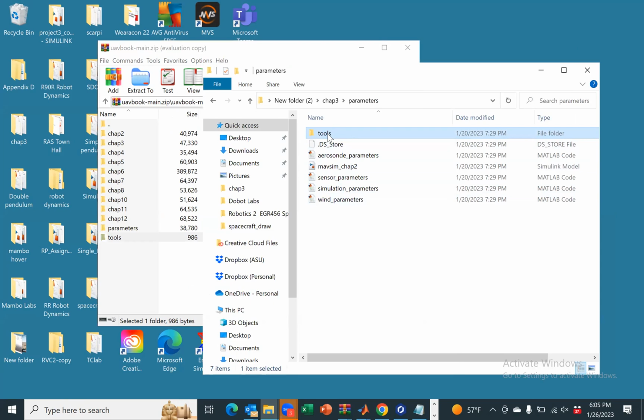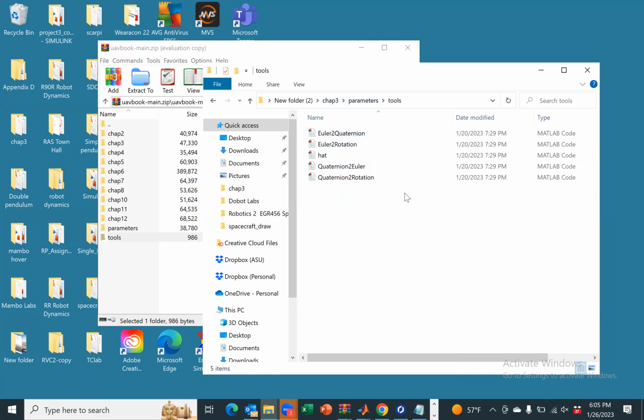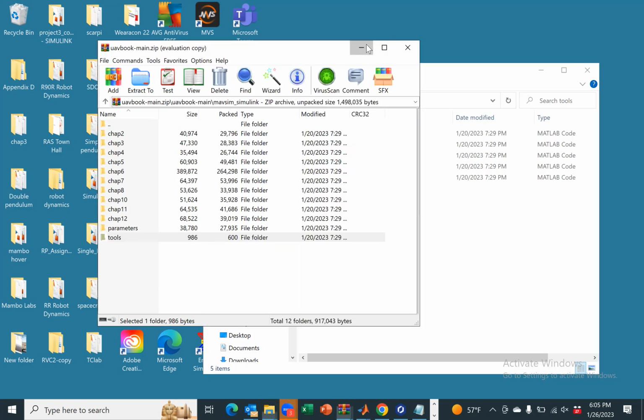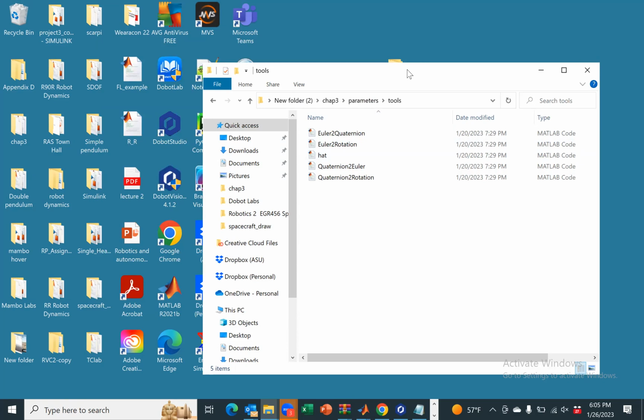Basically these tools could be anywhere. You can have it in parameters, and the reason for that is you have these Euler to quaternion and quaternion to Euler transformations that you will need if you are going to perform the integrations in quaternions. So I would recommend that you make these changes.